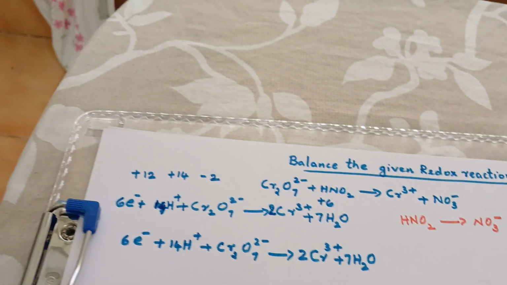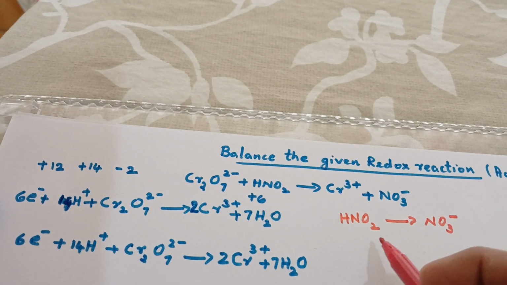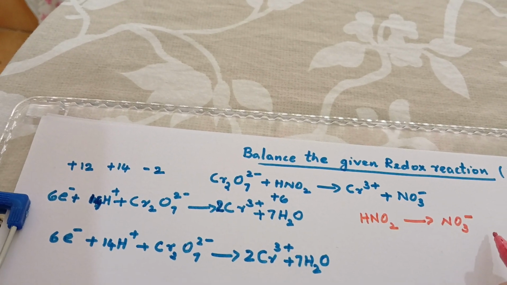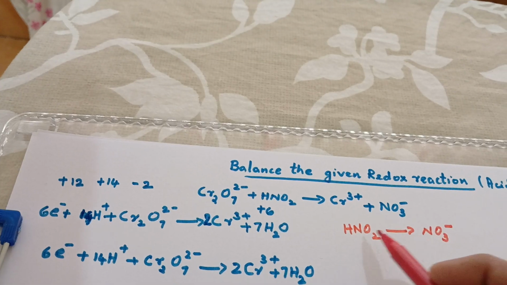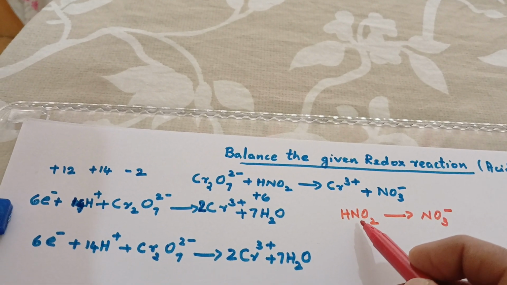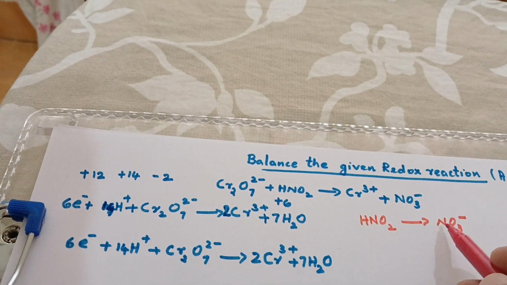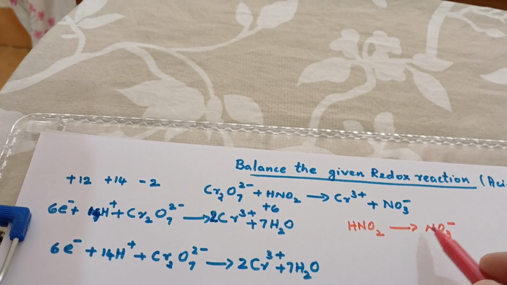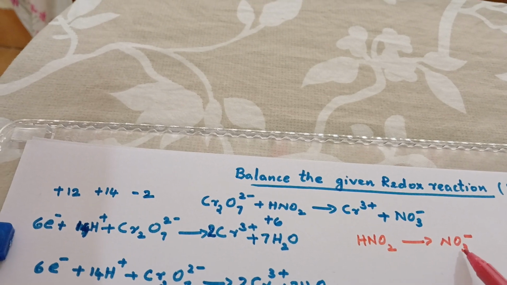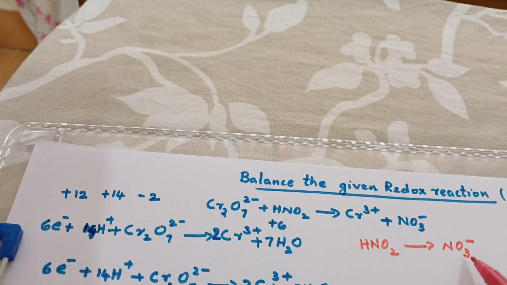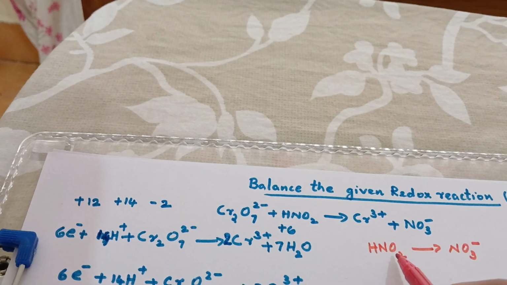Now we will go for the HNO2 part. HNO2 giving NO3-. Let us look at the atoms other than oxygen or hydrogen. We can see nitrogen. On both sides there is one nitrogen each. So that is balanced. But there are 3 oxygen atoms on the right hand side and only 2 on the left hand side.